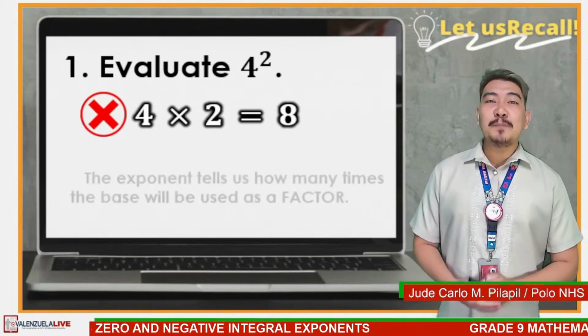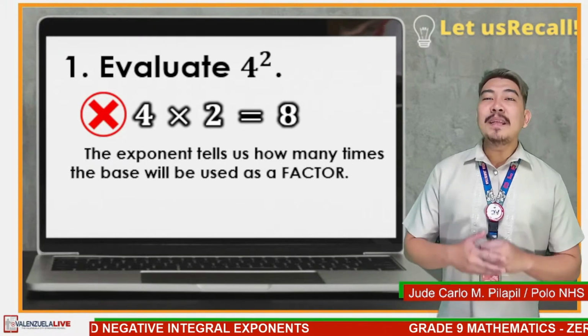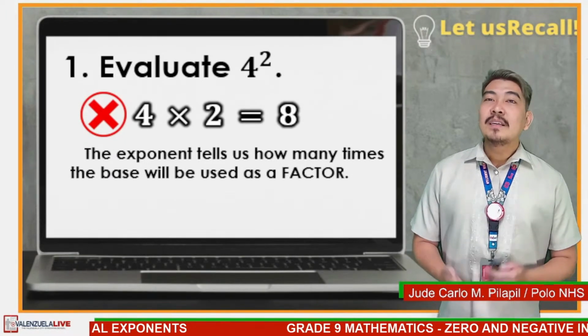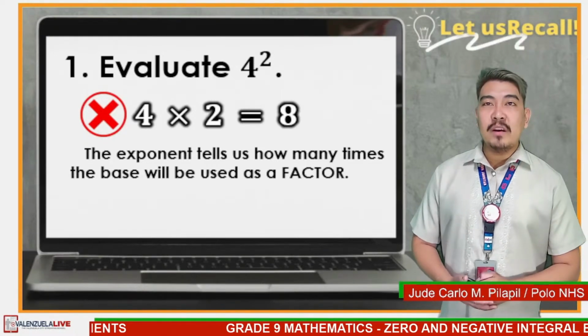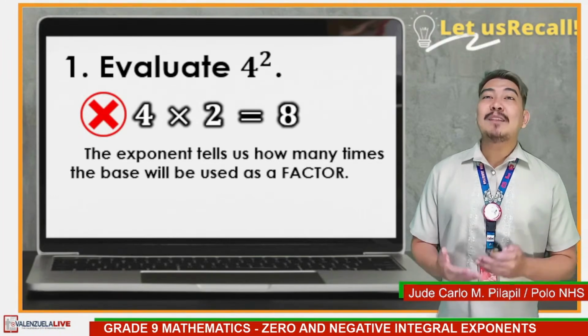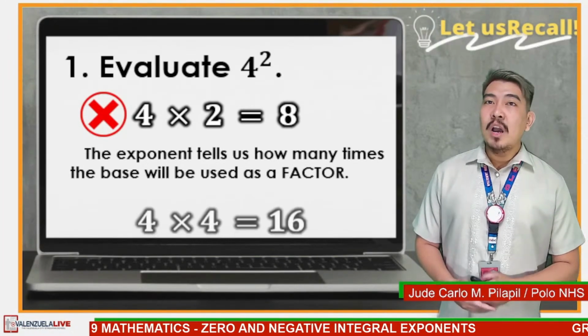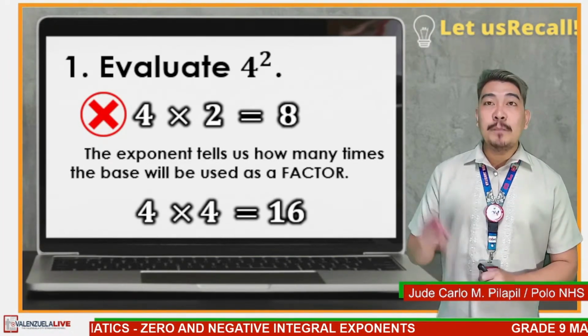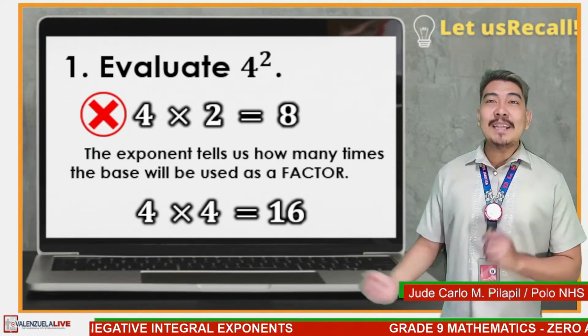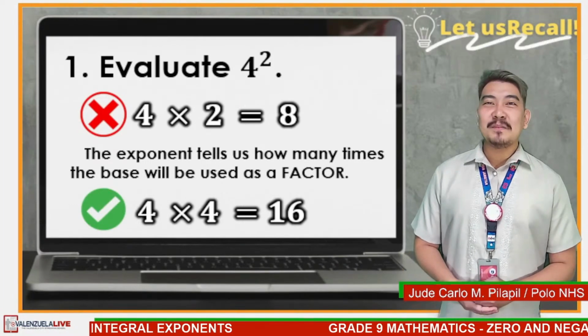Remember that the exponent tells us how many times the base will be used as a factor. Since we are given with 4 squared, whose base is 4 and exponent of 2, it means that the base 4 will be used as a factor twice. Thus, we have 4 times 4, that is equal to 16.